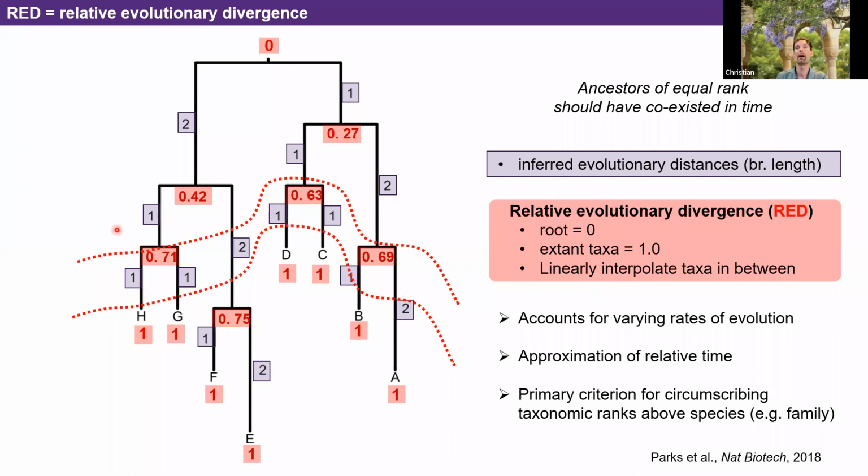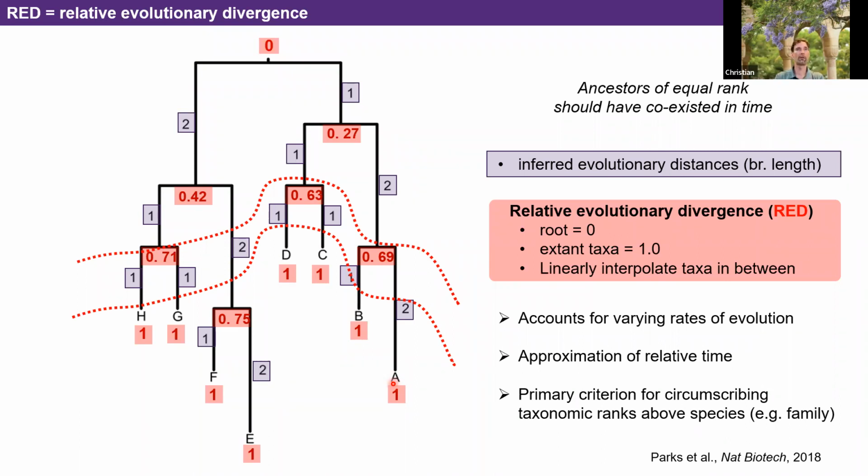Okay, what does that allow us to do? First of all, it accounts for varying rates of evolution. If you have a lineage that has short branches, which is supposedly a slow evolving lineage, then the RED value goes from 0 to 1. If you have another lineage that has long branches like this one, and it's supposedly fast evolving, again, RED values go from 0 to 1. So you basically scale those to each other, and you can then compare them.